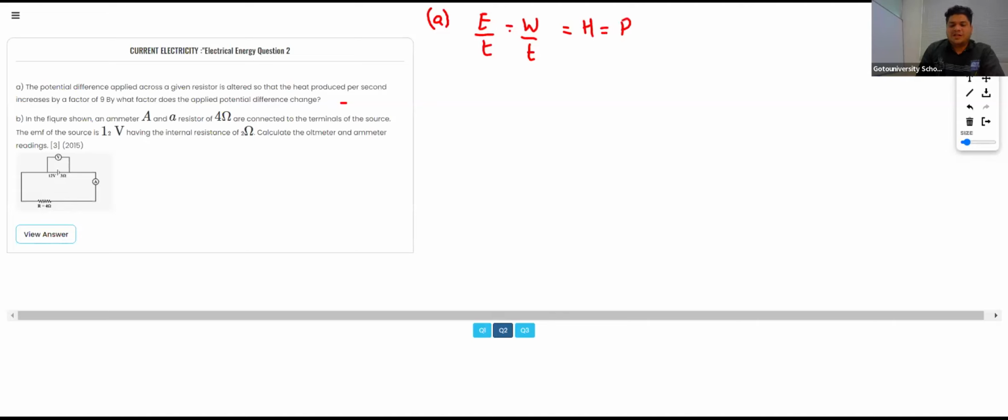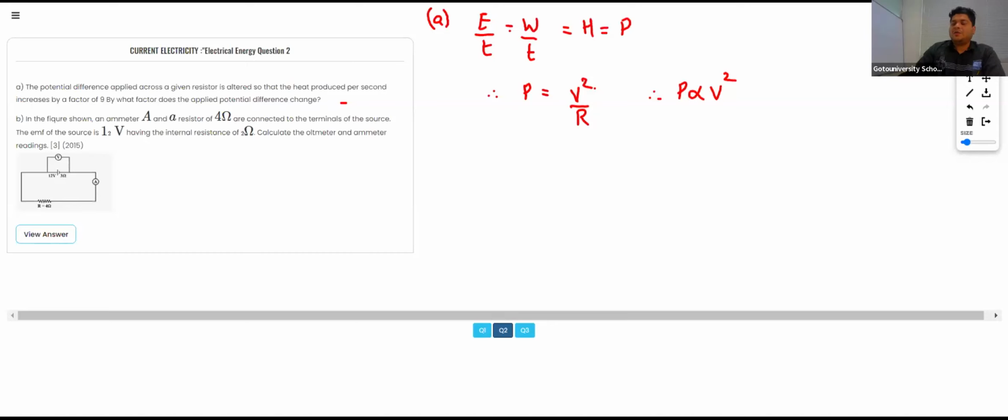And what is the formula for power? We have the formula for power as V square over R. See, there is no change of resistance. That means resistance will be constant. So you will write P is directly proportional to V square.